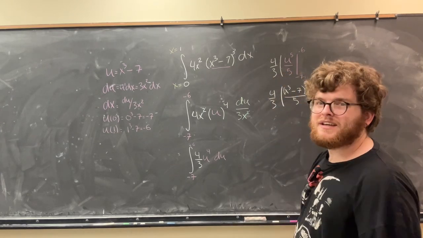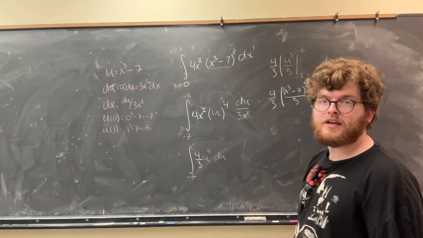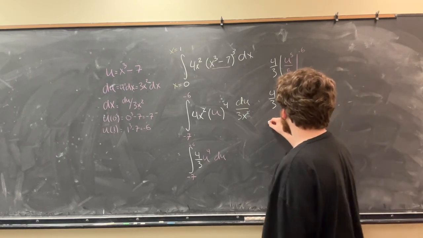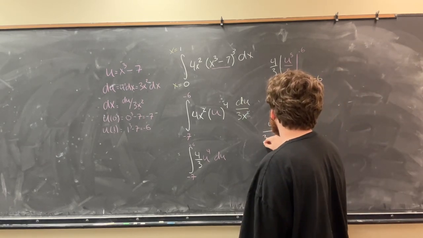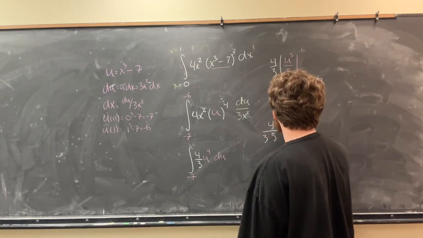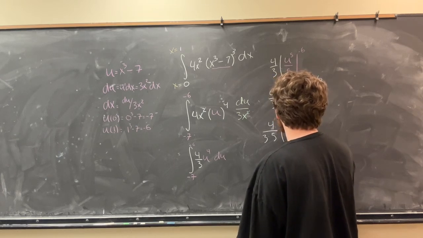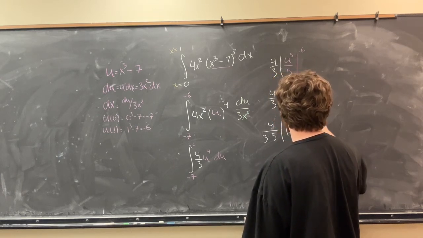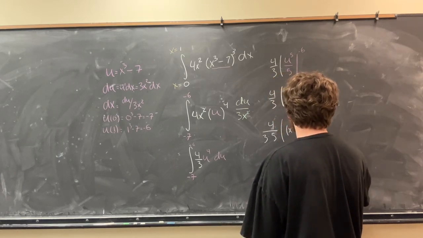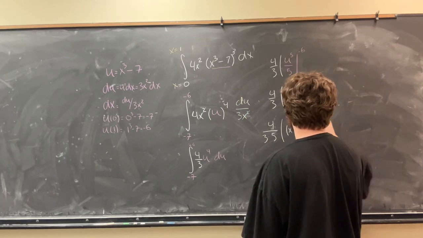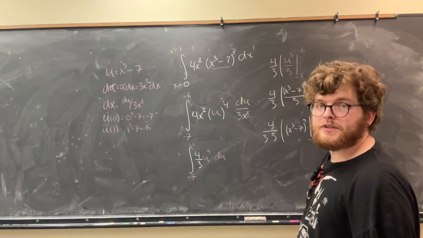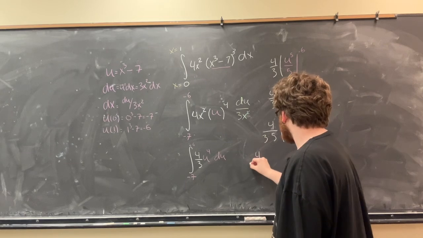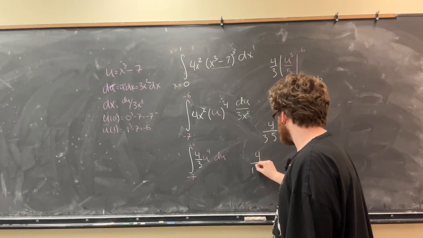Cool. To make it a little easier, I can pull that over 5 out. So it's going to be 4 over 3 times 5 times (x cubed minus 7) to the 5th, evaluated from negative 7 to negative 6. And then recall that this is going to be 4 over 15.